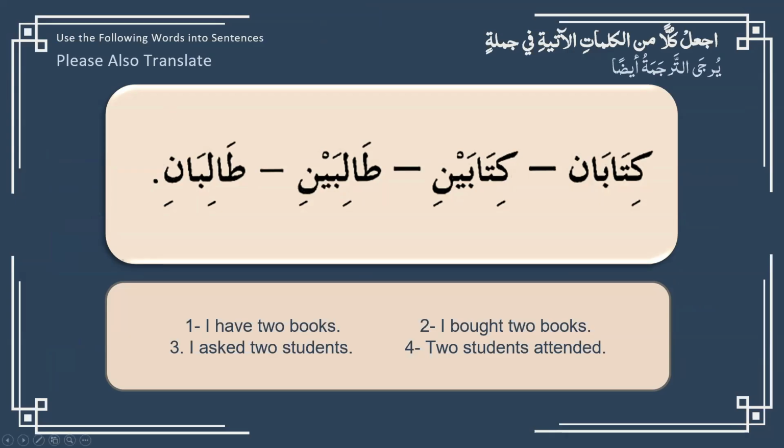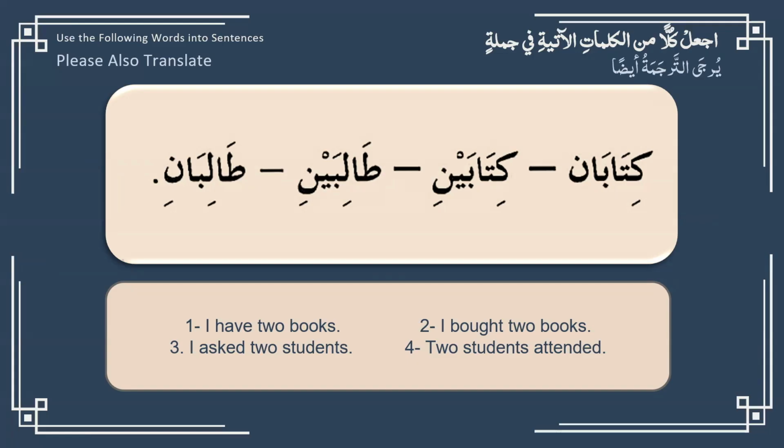Somebody, this is for you. Make the sentences for these; just look at the bottom and then make the sentence. So it would be: I have two books. Indi kitabani. Very good. I bought two books. Ishtaraytu kitabayn.